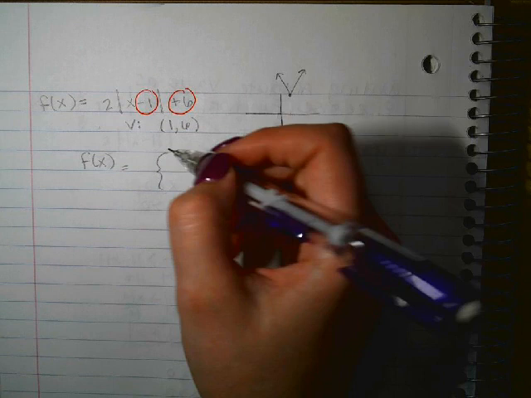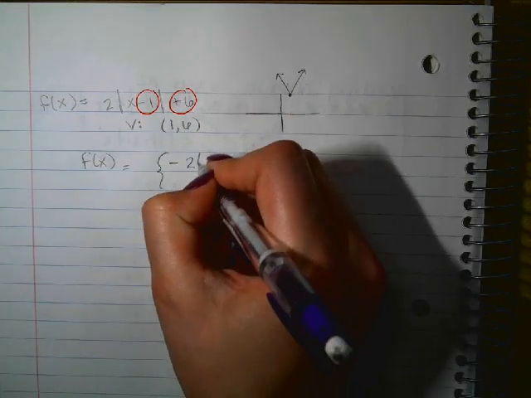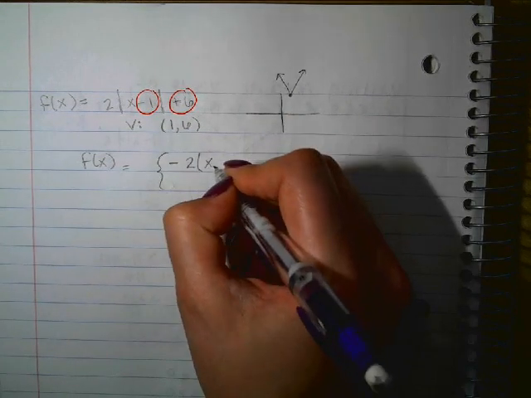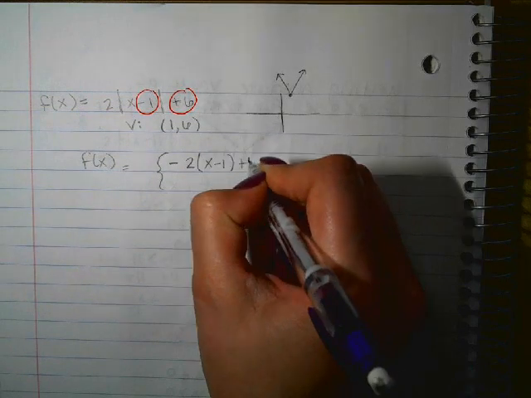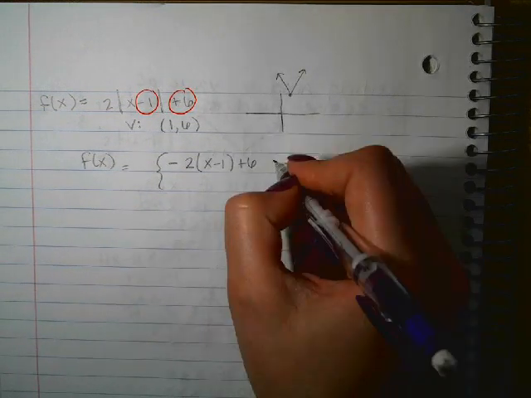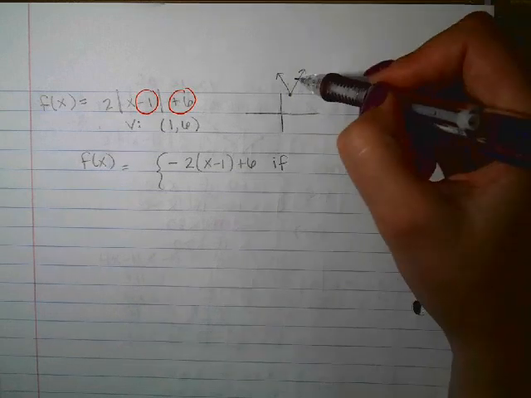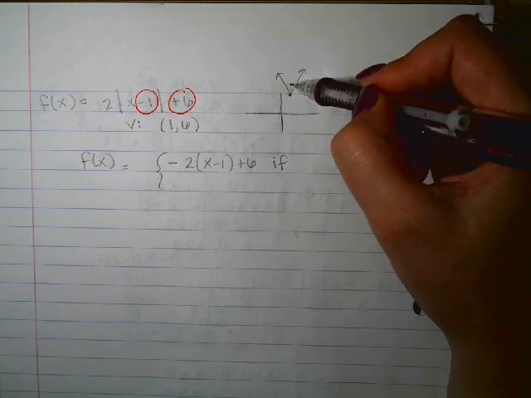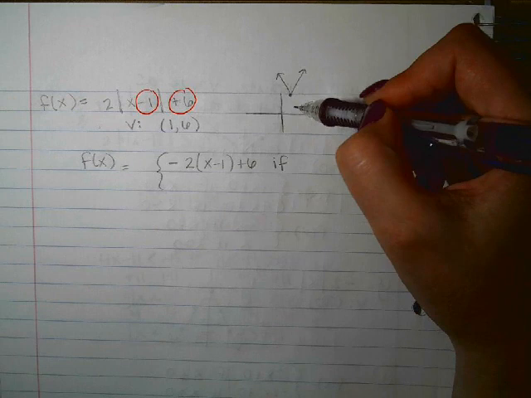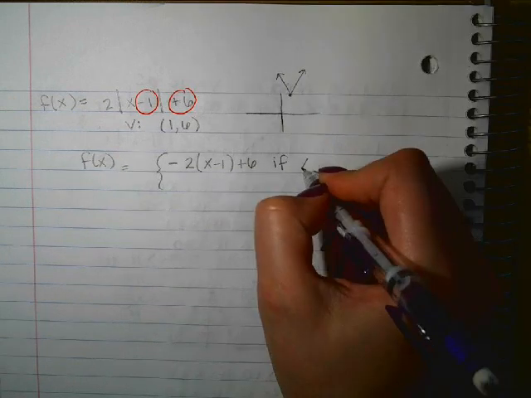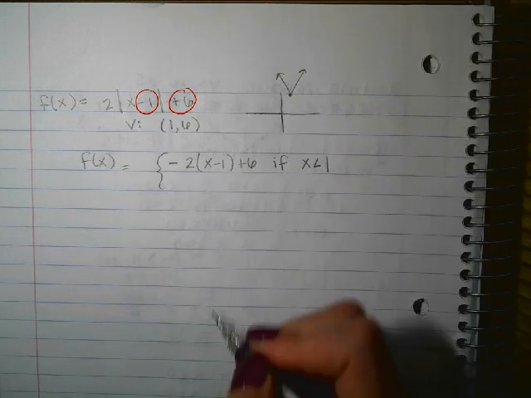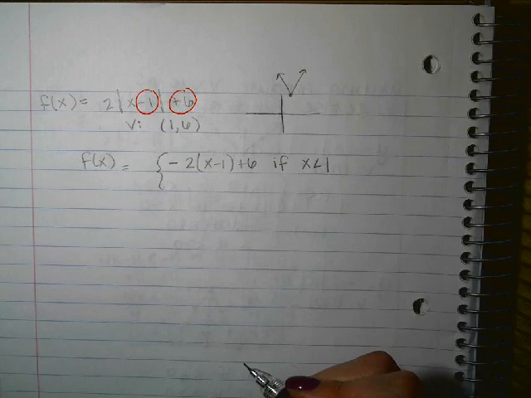So I'm going to say negative 2 times x minus 1 plus 6 if, and what's the x value where it changes directions? 1. If x is less than or equal to 1.